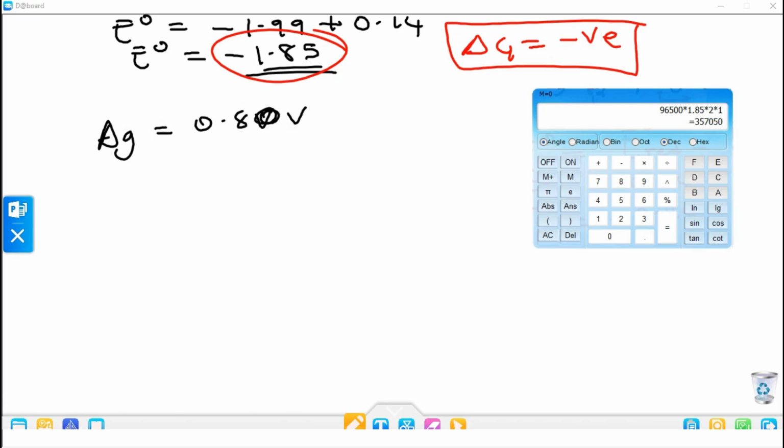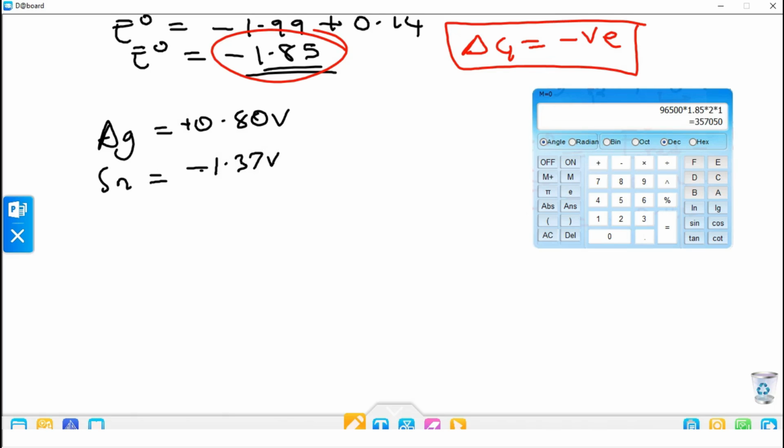That's for silver. Silver is positive. Tin, we just saw in the last calculation, is minus 1.37 or 1.4.